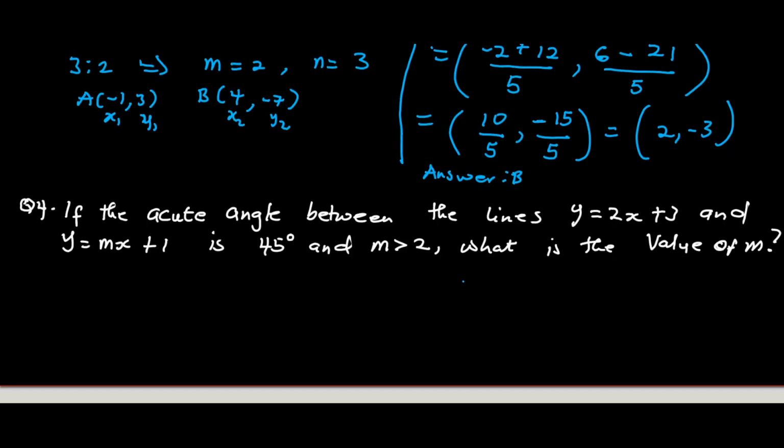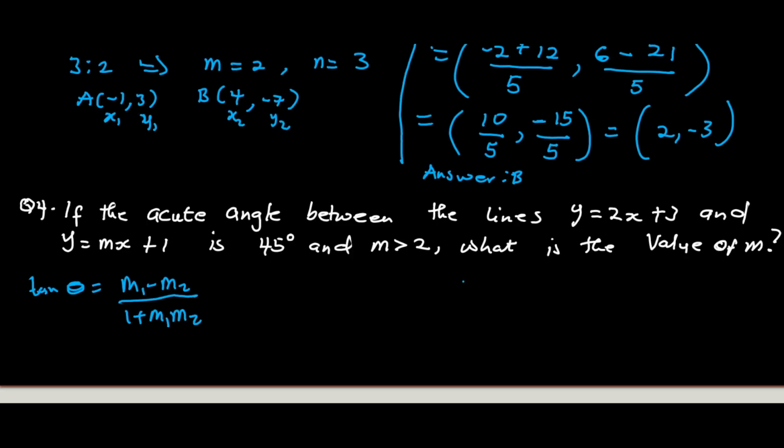Alright, so we are being asked to find the value of m, that is one of the gradients. So we know that our formula is already giving us tan theta is equal to m1 minus m2 all over 1 plus m1 m2. Right.